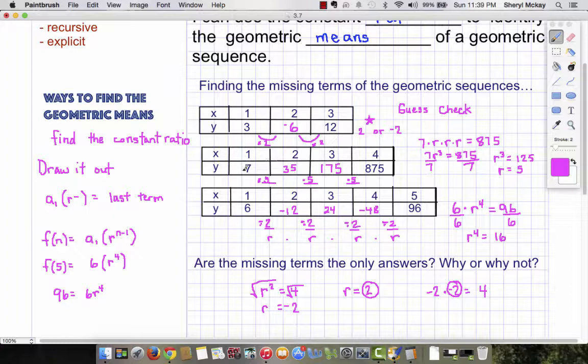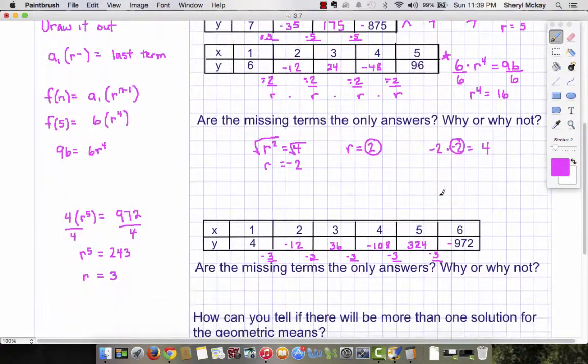On this one, could I do it? 7 times, if I made these be -5s, 7 times -5 would be -35. -35 times -5 would be a positive 175. 175 times -5 would be a -875. No, it won't work. Will not work. Okay? That one doesn't work. This one we already tried and we said, yes, it does work. And the last one that we did down here, it was no, it didn't work.